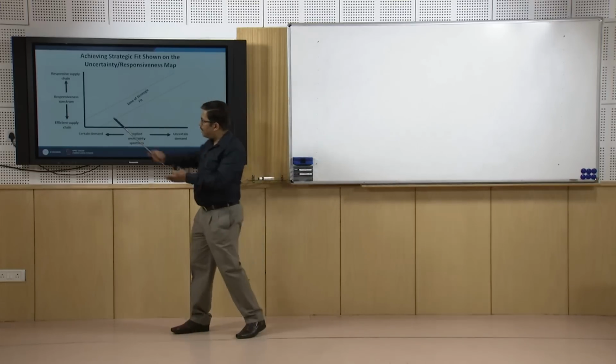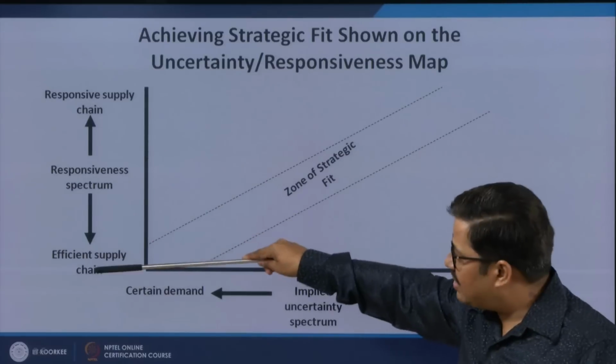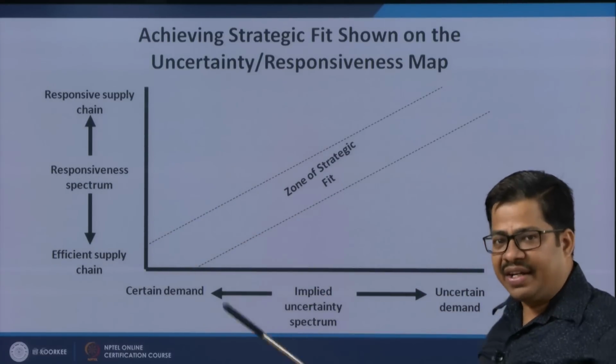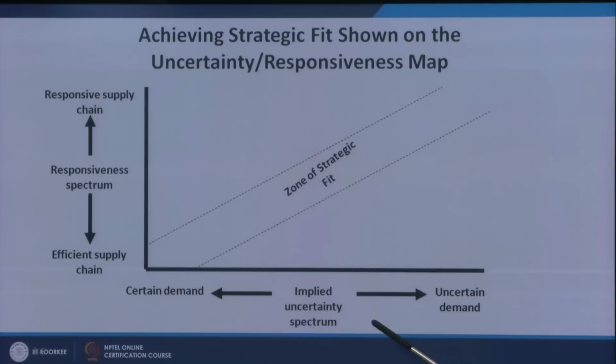that my supply chain capabilities which are exhibited on this responsiveness spectrum are in sync with the implied uncertainty spectrum.